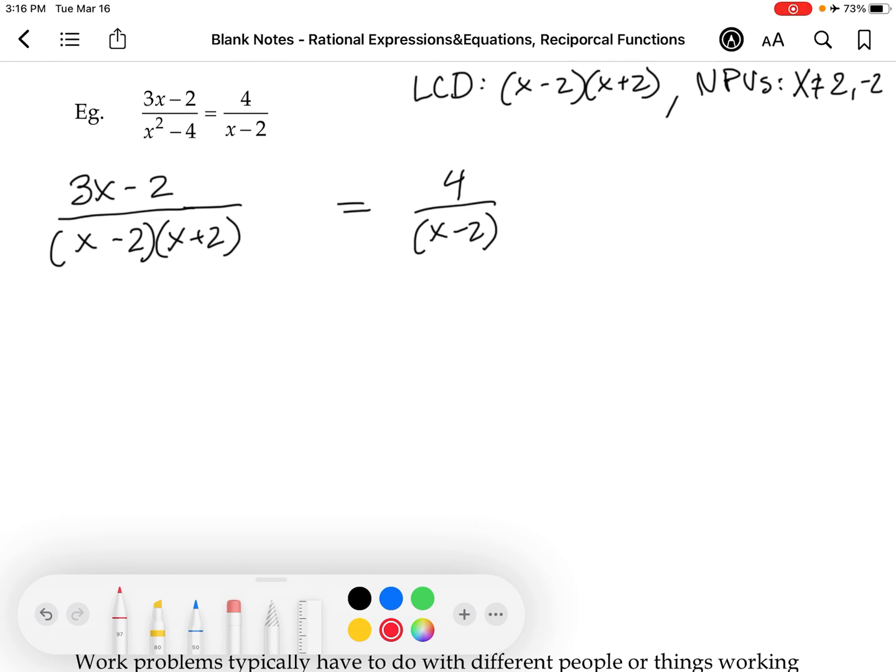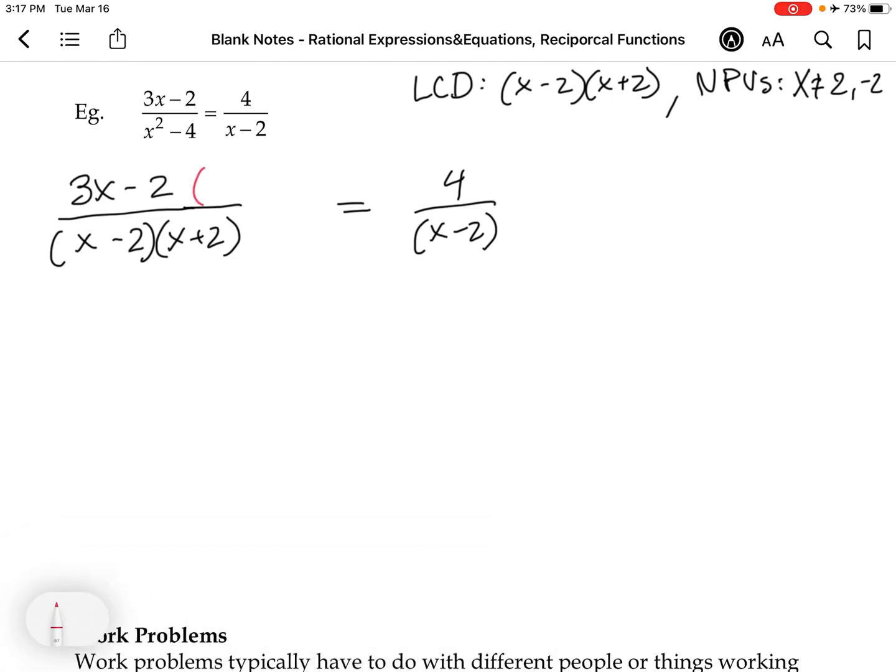Now we can go ahead and multiply everything by that LCD. And so when I do that, some nice stuff will cancel. So on the left side, I should put brackets around here actually. The entire denominator will cancel.